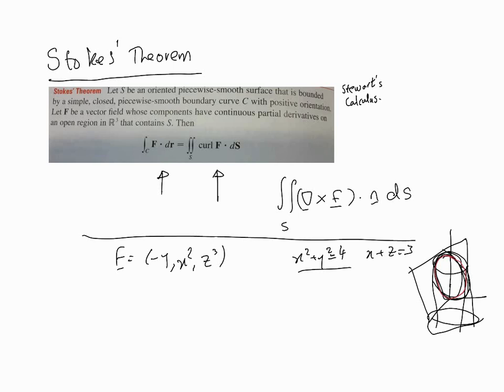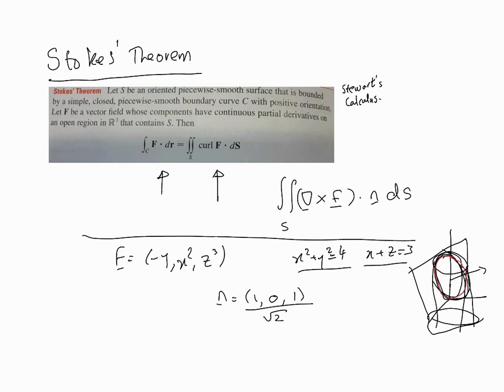But if we look at the plane, and if we look at the upward orientation, then the unit normal vector should be the gradient of the plane: the x derivative is 1, the y derivative is 0, and the z derivative is 1, divided by its magnitude, which is square root 2. So that's our normal vector.